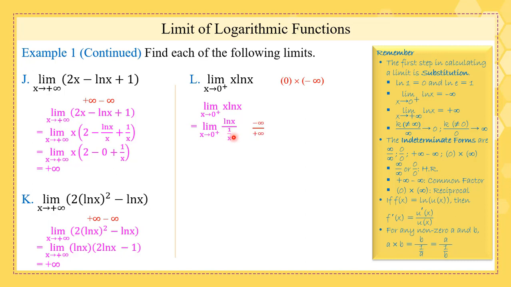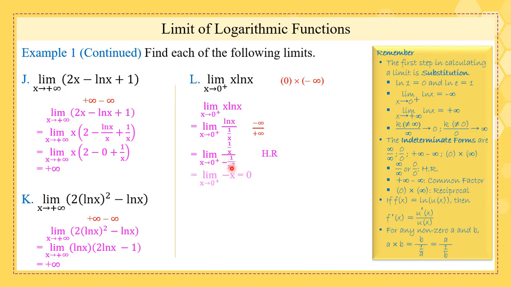And by now, if we substitute 0 plus, we get ln 0 plus, which is negative infinity, and 1 over 0 plus, which is positive infinity. So we get infinity over infinity, and in case of infinity over infinity, we apply L'Hopital's rule. Applying L'Hopital's rule, we derive the numerator alone and the denominator alone, and the derivative of ln x is 1 over x, and the derivative of 1 over x is minus 1 over x squared.